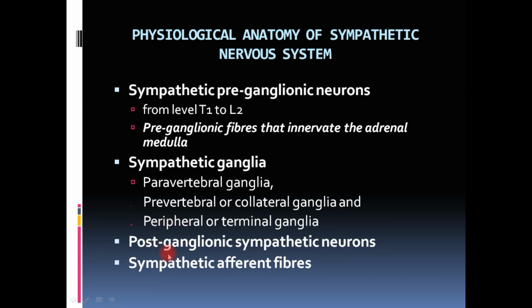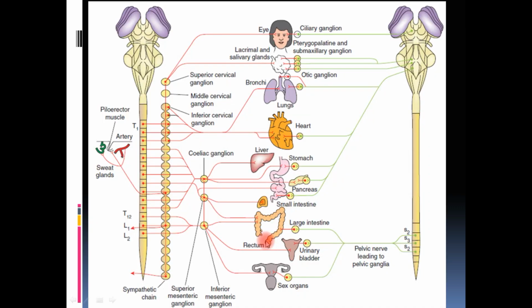Now coming to the postganglionic sympathetic neurons, these are the neurons which arise from the ganglia and supply the smooth muscles, cardiac muscles, as well as the glands.